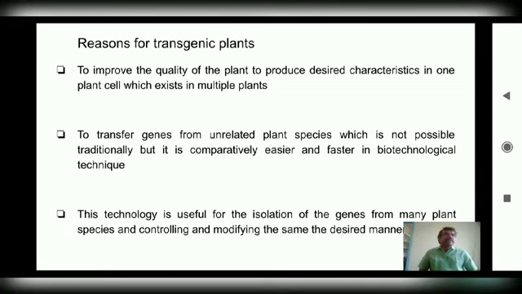So the second reason is to transfer genes from unrelated plant species, which is not possible traditionally, but it's possible and it's much faster and easier through biotechnological techniques. And this technology is useful for the isolation of the genes from many plant species. So these are some of the reasons that made us to develop the transgenic plants.